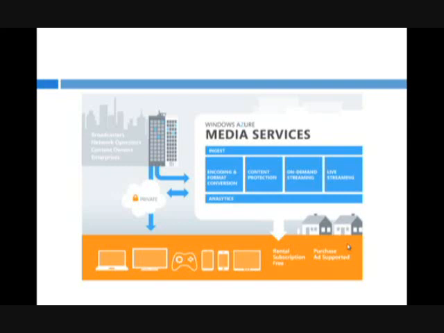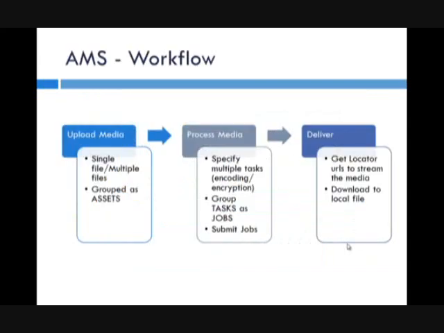All these can be performed at the media services level in the cloud, or only some of these steps can be chosen to perform in the cloud and the remaining steps could be performed on your premises based on your convenience.